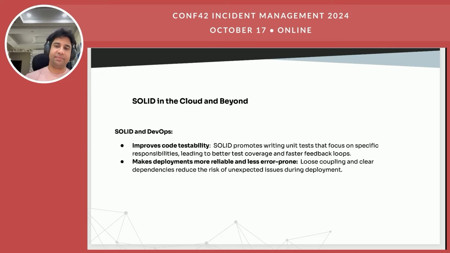Because if you are developing and testing a smaller function, you're getting a result right away instead of writing big functions and then big unit tests, which makes TDD adaptability a bit more difficult. And since we're able to test and iterate better, that flexibility enables us to make our deployment more reliable and less error prone.